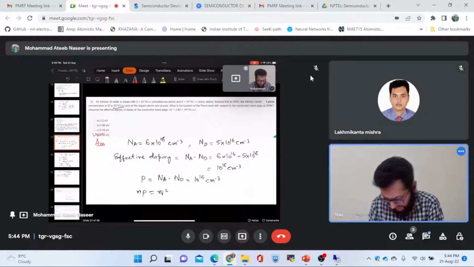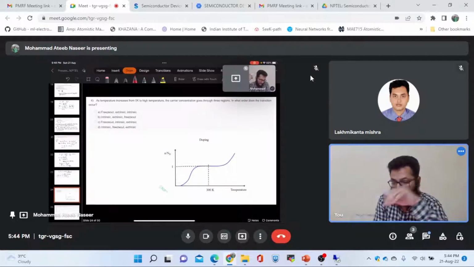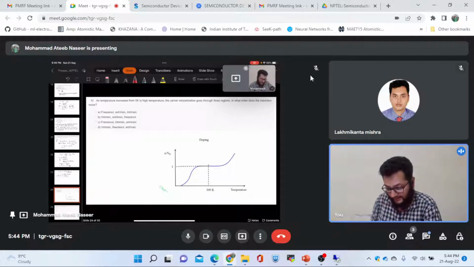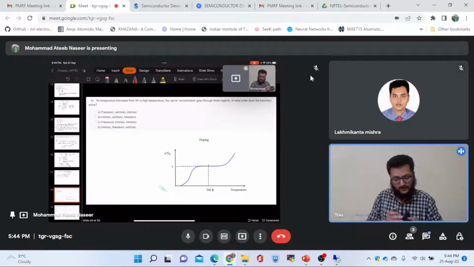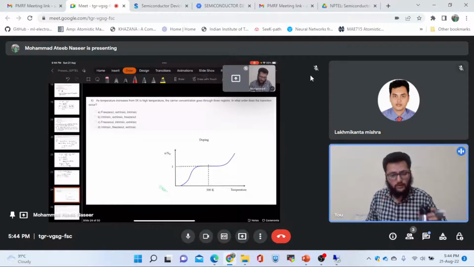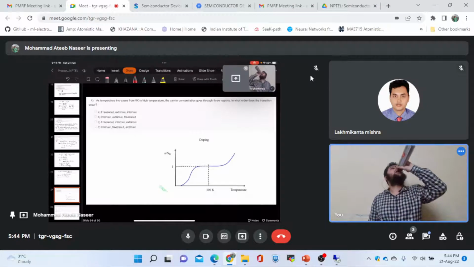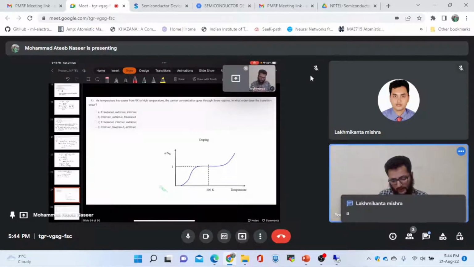So now let us move towards another problem, which is a theoretical problem, and it states that as the temperature increases from 0 Kelvin to some high temperature, we are required to comment about the carrier concentration.